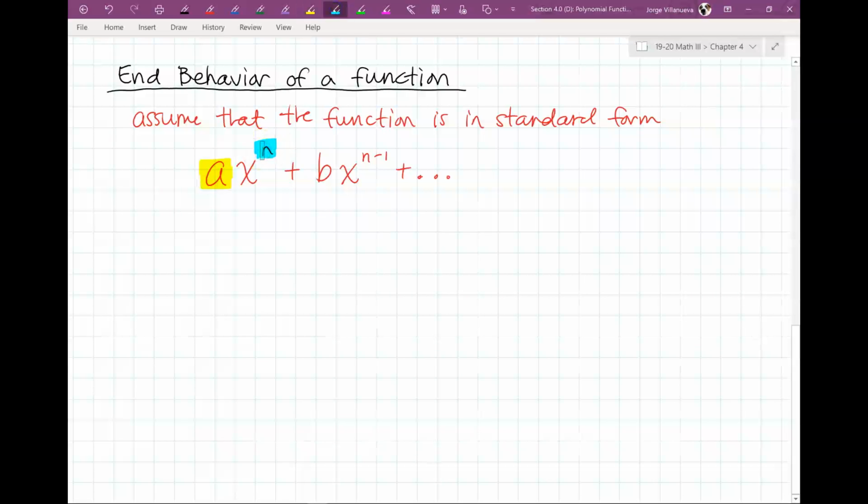Okay, those are the only things you really have to focus on. So once you write it in standard form, look at the very first coefficient and the first power. Okay, I don't care about the rest of it. Bx to the whatever, cx to the whatever. Who cares about that stuff, okay? Just the first term in your polynomial. Okay?